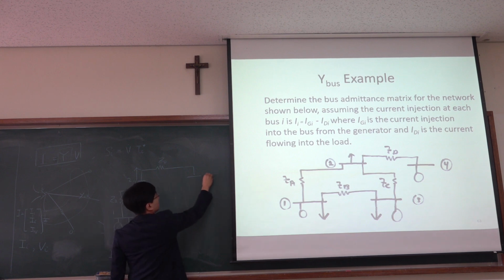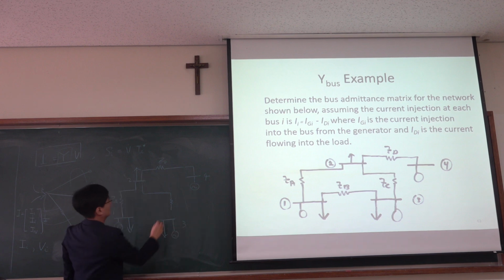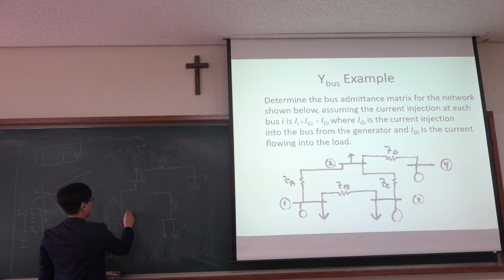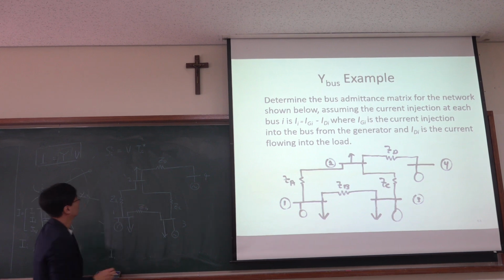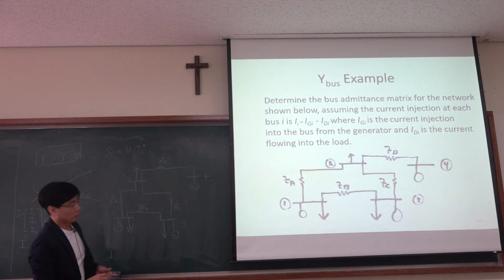This is bus 4, another generator, and then this is connected to bus 3, and load, and another generator, and this is ZC. Yeah, this is ZB. 1, 2, 3, 4. We have 4 lines and 4 nodes.